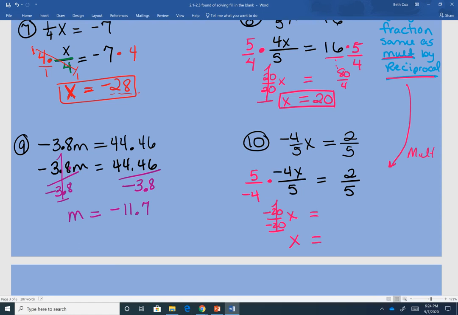Okay, because 20 over 20 is 1, and negative divided by negative is a positive. And again, this is an equation. What I do to one side, I've got to do to the other. And that's going to give me 10 over 20, and that's going to reduce to negative, there we go, x is negative 1/2.